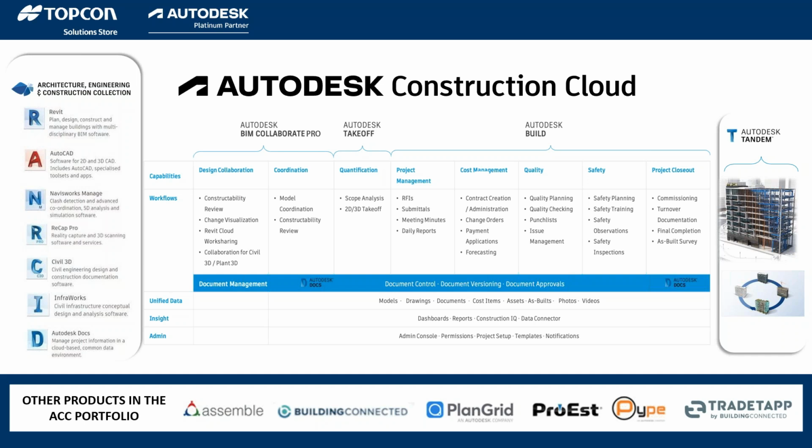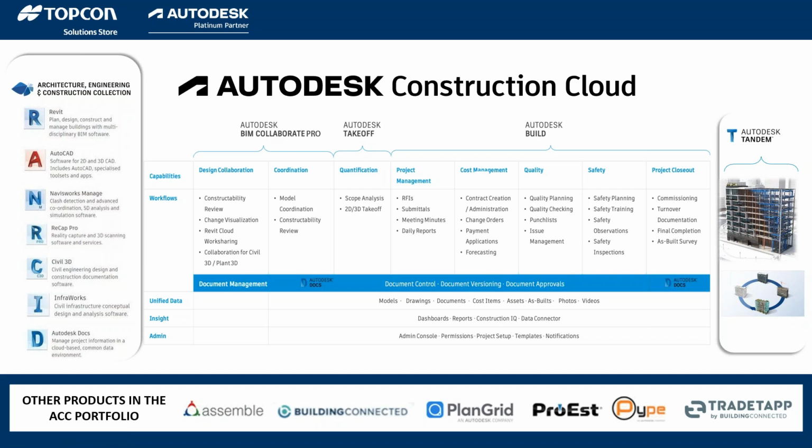So the ACC as a whole is really a cloud-based server, but what's really cool is that as you're moving from design into takeoff and manufacturing, into construction management, and then even into facilities management, each licensing model within the ACC unlocks that specific module, along with a ton of additional tools and resources that help support you across the AEC industry.